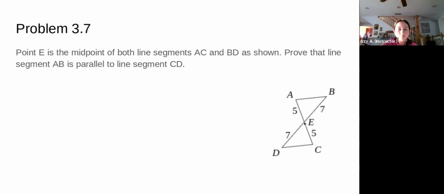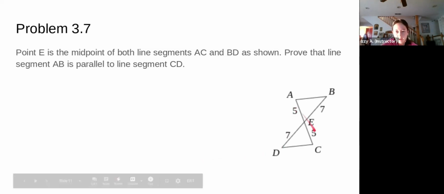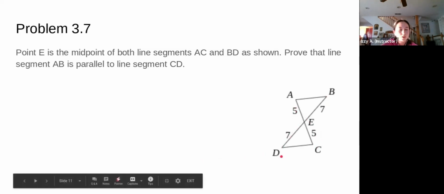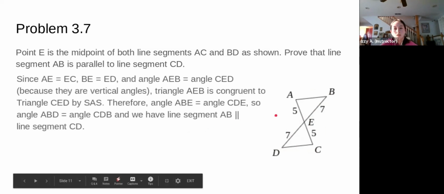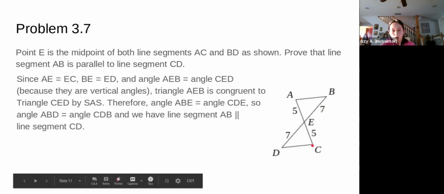Okay, so next we have problem 3.7. Point E is the midpoint of both line segments AC and BD. Prove that line segment AB is parallel to line segment CD. So I am going to be displaying the words. We know that AE is equal to EC, and BE is equal to ED.